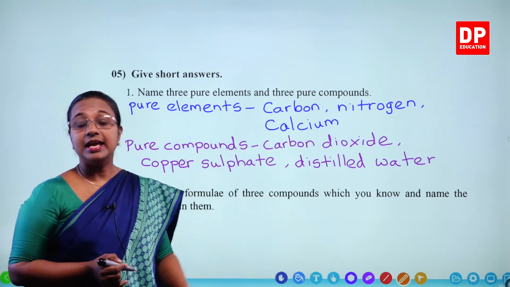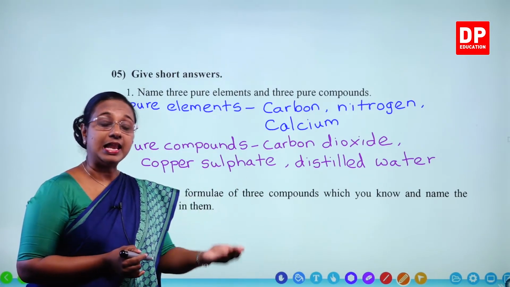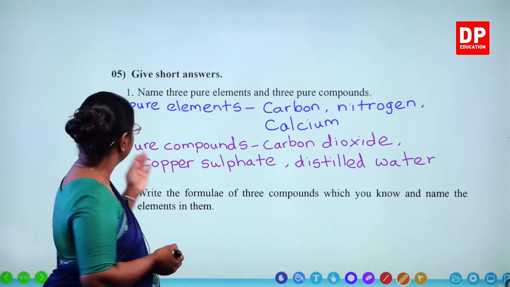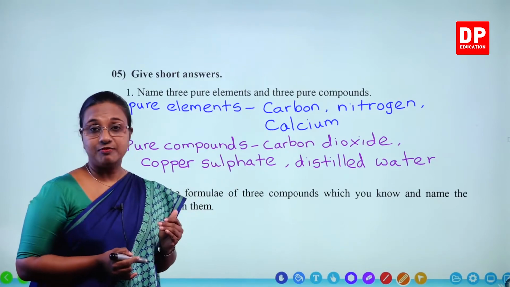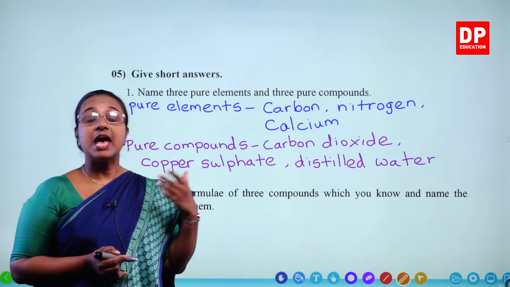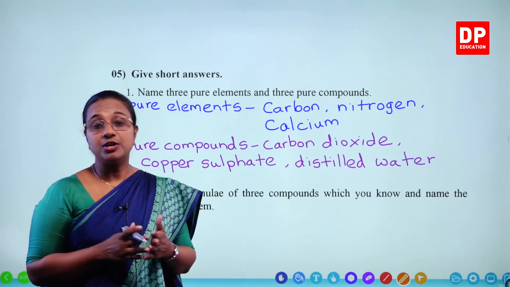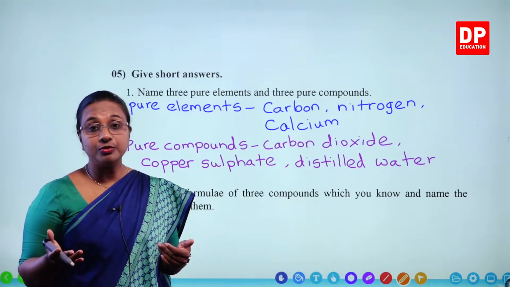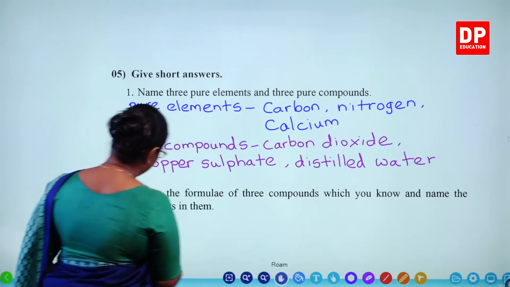You can write any other element that you wish. Even gold, silver, aluminium, sulfur, all what we have learned. Then pure compounds, carbon dioxide, copper sulfate, distilled water. You can also write ammonia, then you can write methane, any one of those compounds as well. Sodium chloride, hydrogen chloride, those are all pure compounds. Then the next one.